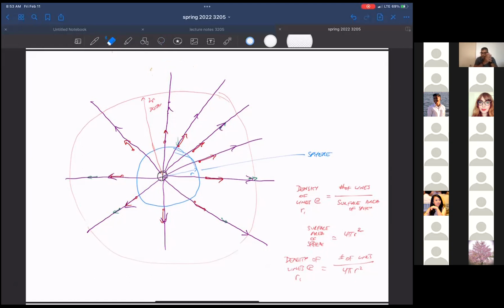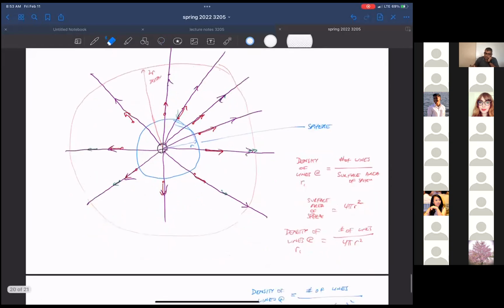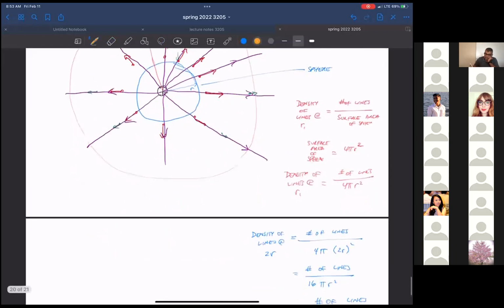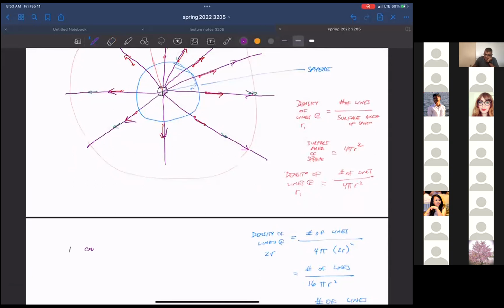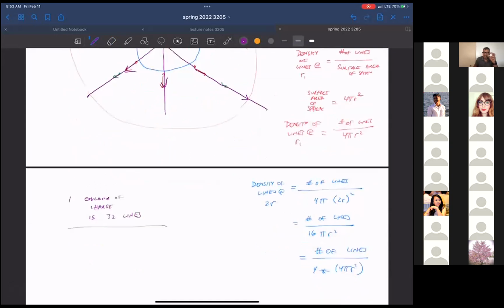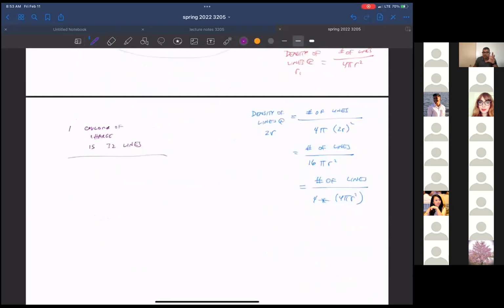Let's say you said, hey, for every Coulomb, I'm not saying we're gonna say this, but you could say 1 Coulomb of charge is 32 lines. Why 32? I could make it 9, 16, or 8, as long as I keep them the same for my particular map. So it's kind of convenient.